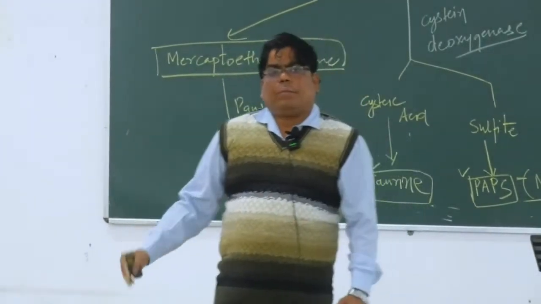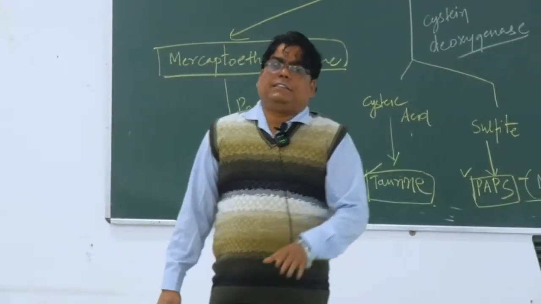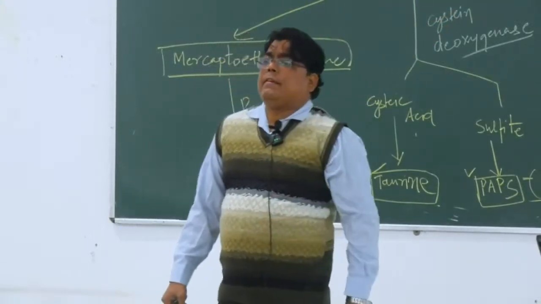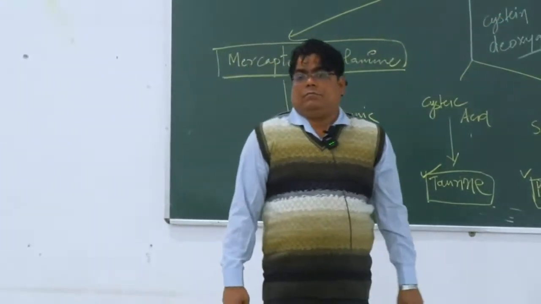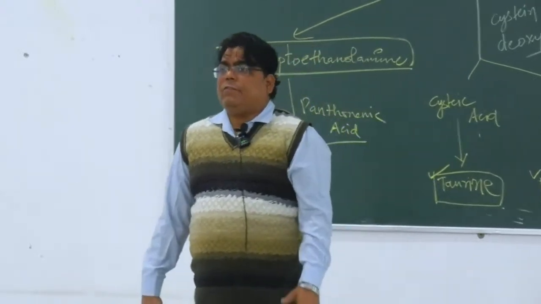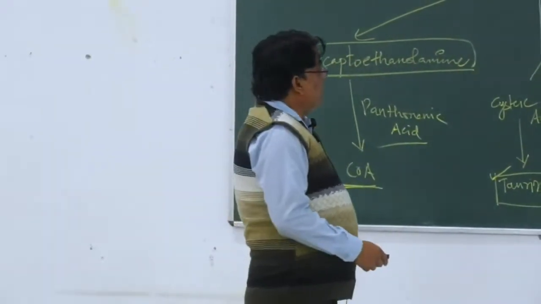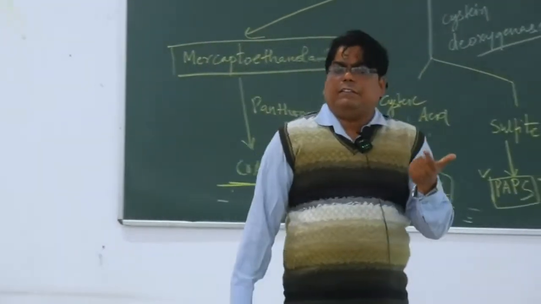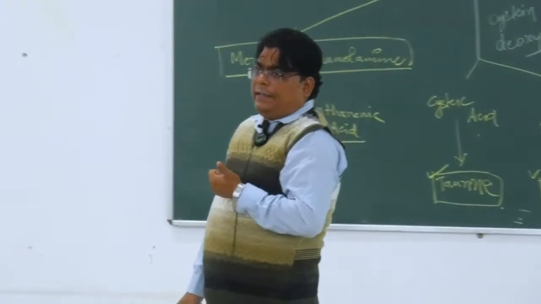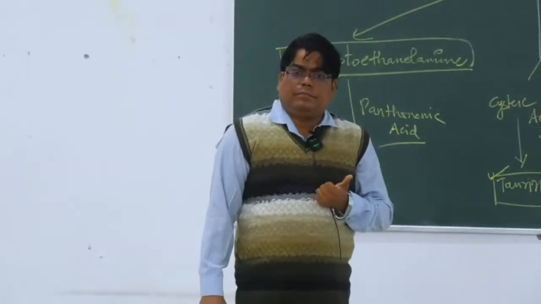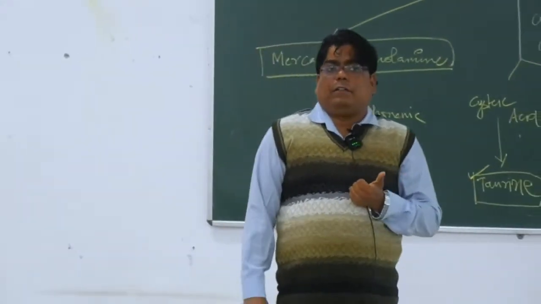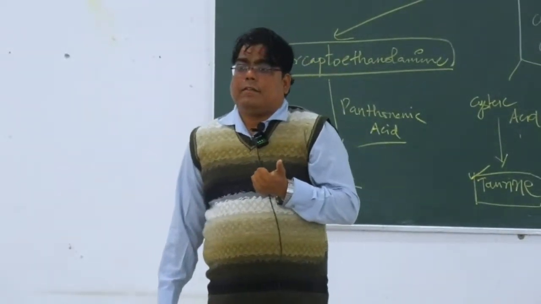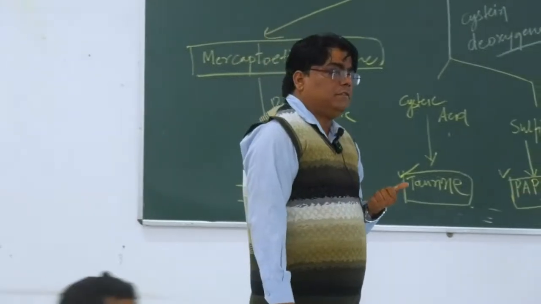In the next step, homocysteine directly participates in the formation of methionine with the help of the enzyme and vitamin B12. Majorly for the reaction, the coenzymatic form is tetrahydrofolate, THF. Vitamin B12 is a very important vitamin.